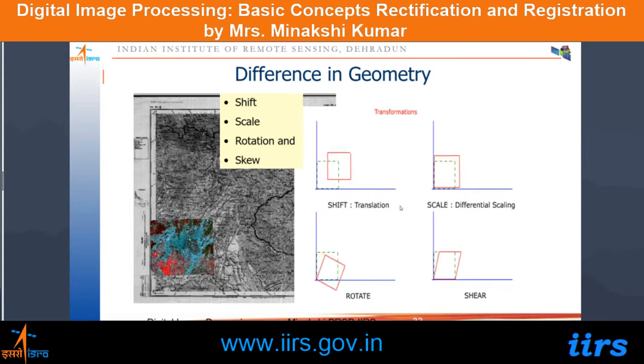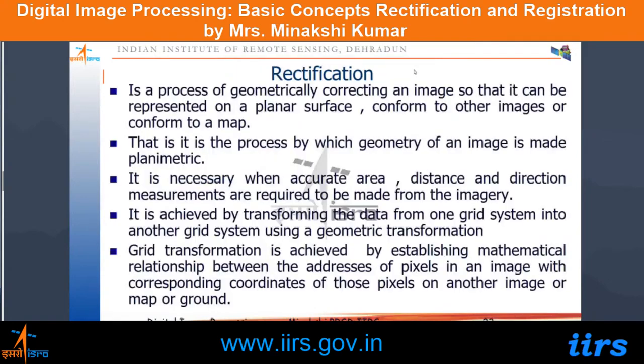You may have to expand the image or compress it to fit over your topo sheet or another image, depending upon the resolution of the image and the scale of your topo sheet. Then it will not lie rectangular, so you may have to rotate it. And the last difference, skew or shear, is the offsetting of each line to the west because of that Earth rotation effect. So these four differences in geometry we need to remove by a process called rectification.